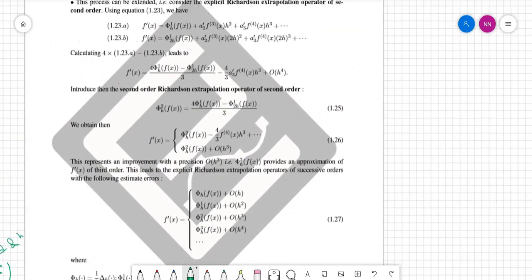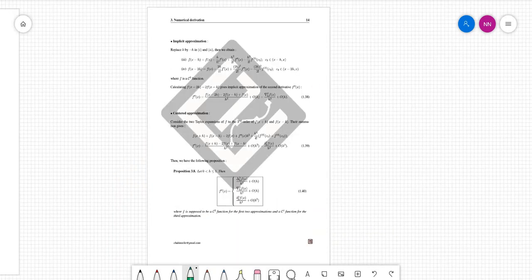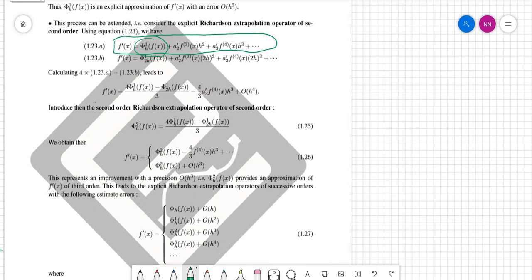If we move here, we will see that we know that f prime can be written as phi 1 of x plus an error term, oops, sorry, back to the screen, with an error term of the order h squared and higher.